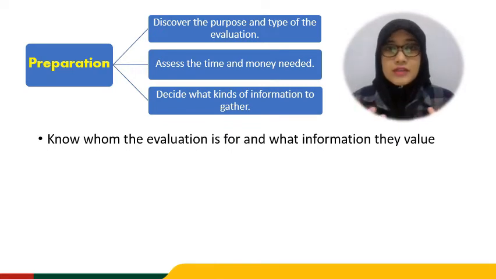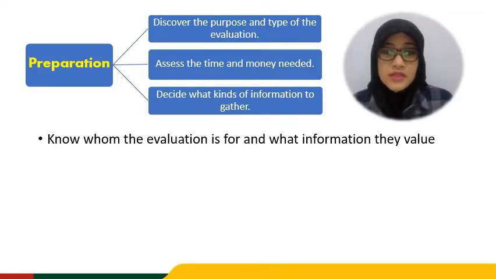You have to keep it secret and only inform certain parties. This is also very important because it will decide the type of information you need to gather, and whether the data provider will give the data willingly or not, because sometimes evaluation can be sensitive to some people, so you have to be really careful about this.